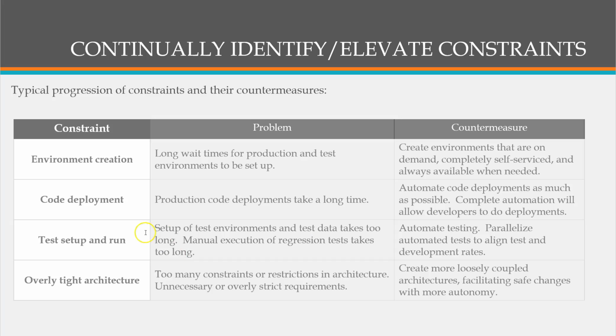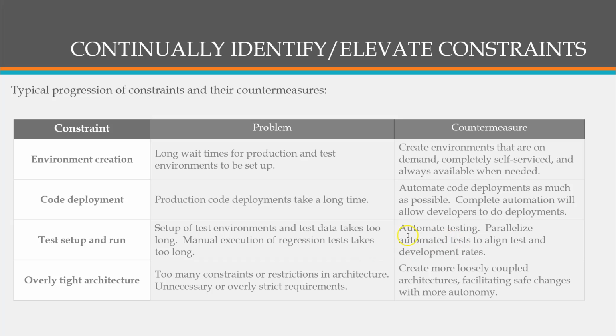Okay, the problem of test setup and run is similar to environment creation. Sometimes you need to set up test environments or test data, and that process may take too long. Along with that is the execution of regression tests, and especially when they're manual.